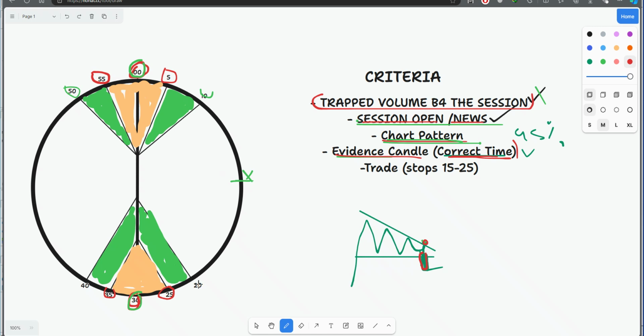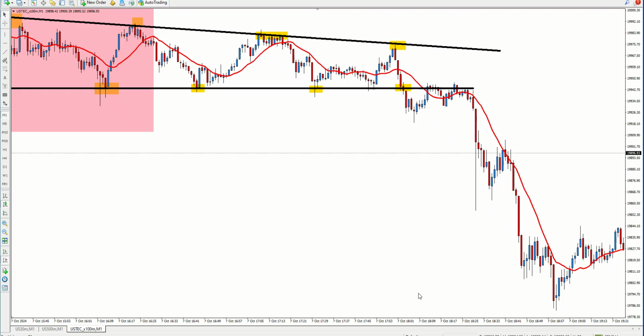I told you, I'm willing to take it from 20 past to 22, but I love them when they happen during the golden times, as close as possible to the half-hour mark or as close as possible to the o'clock mark. Although I'm willing to take them from 50 to 10 past, I love them when they happen more along the golden times. So let's go back to the charts to see if this meets our criteria.